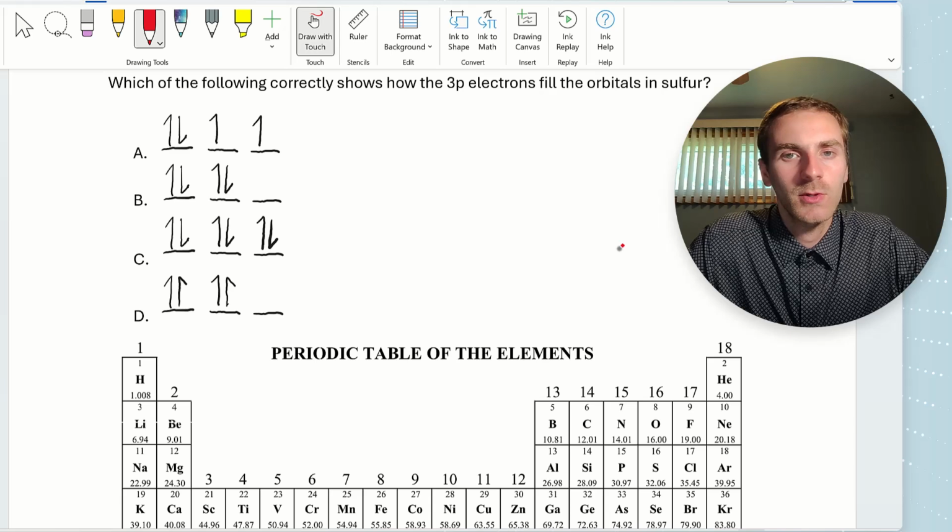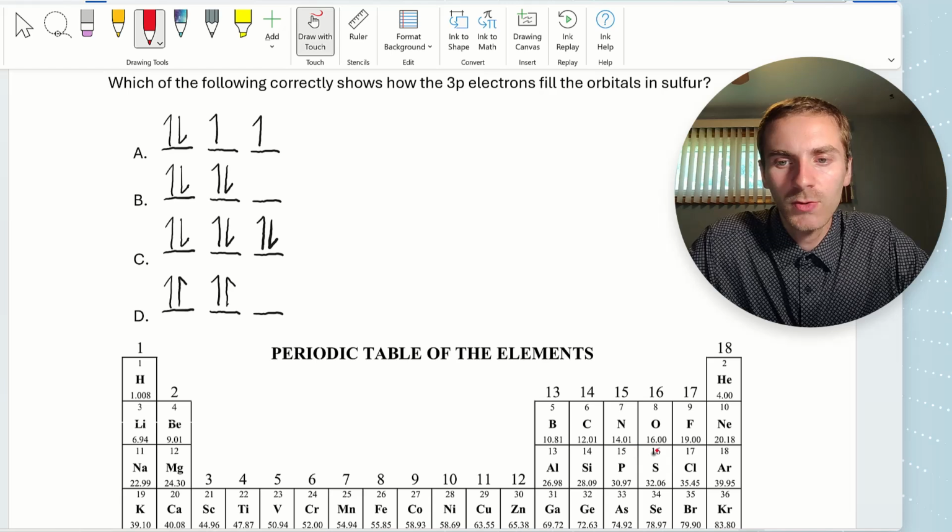Which of the following correctly shows how the 3p electrons fill the orbitals in sulfur? So sulfur's right here on the periodic table.